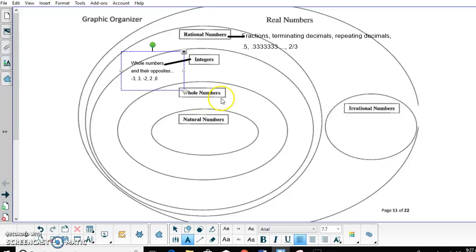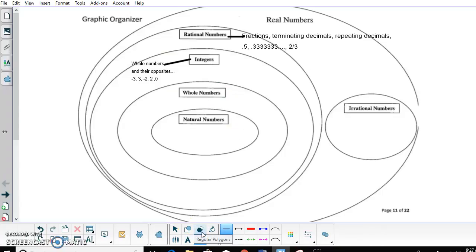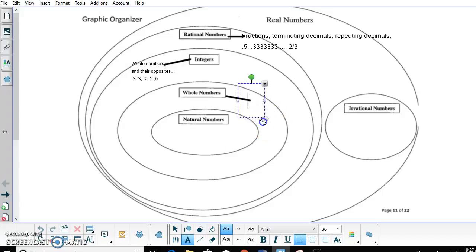Let's go down here to our whole numbers. Our whole numbers, once again, consist of natural numbers and 0. So I'm going to draw my line so I don't forget that it goes to that.